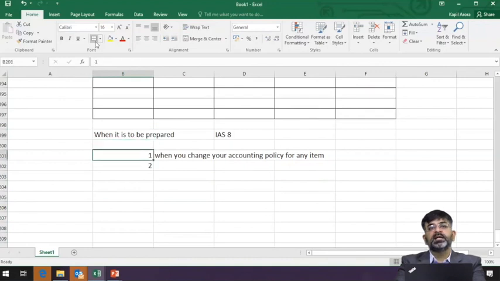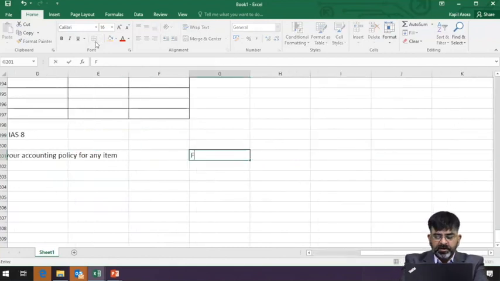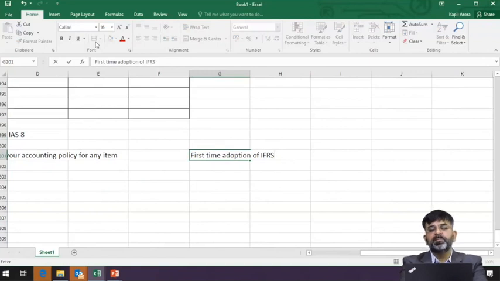Right? Accounting policy could be changed for the new accounting standard or the first time adoption also. Why in first time adoption of IFRS or any other new standards do we prepare the third balance sheet? Why? The reason is, what is first time adoption?